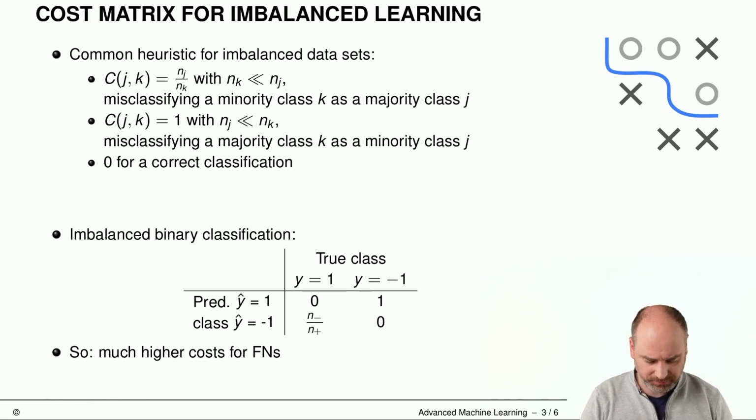So if our true class K would be, so we are in an imbalanced setting, so some classes are much, much larger than others, and usually the assumption is that the signal, the interesting stuff, happens in the smaller class. So for example, again, let's think about medical scenarios. Usually the smaller class are the persons who have potentially a very rare disease. We want to predict that.